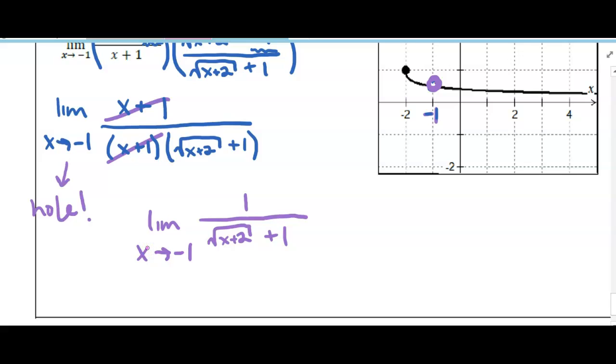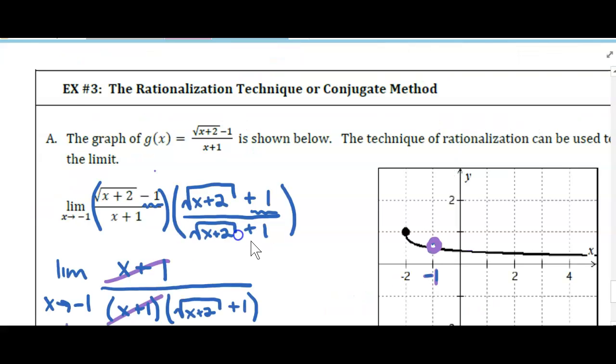When I do my direct substitution, I get 1 over the square root of -1 plus 2. Well, that's going to be the square root of 1, which is just 1. And so my limit is going to be 1 over 2. 1 over 2. And we can see that on my graph, the y value of my hole is 1/2.